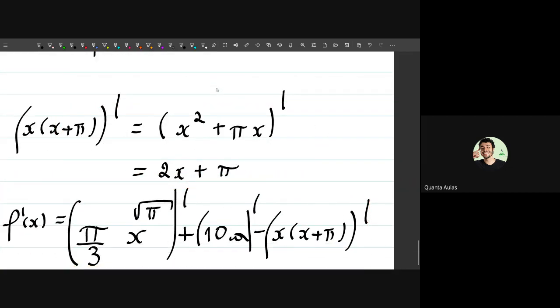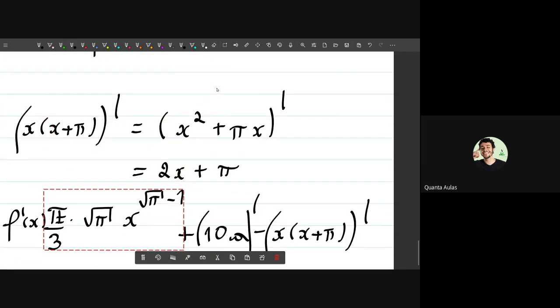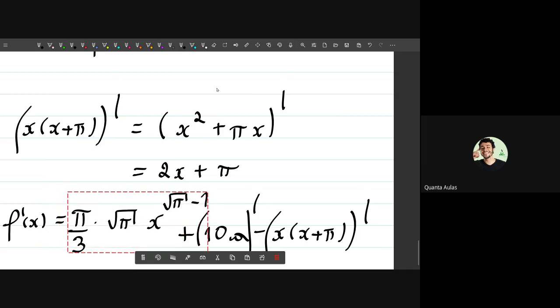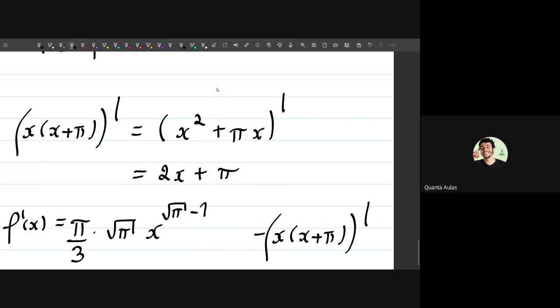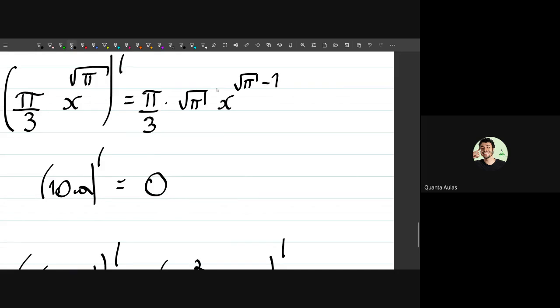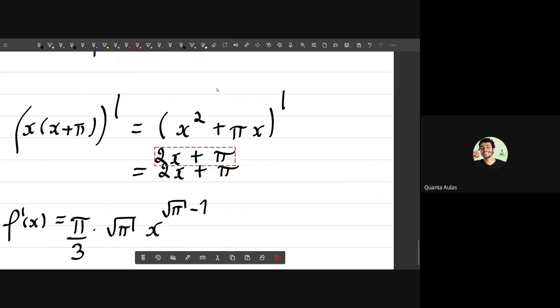So I will erase this and copy this. I don't have space to put here, but no problem. I will erase this because this is 0. The derivative is 0, so we have space now. And the derivative of this term is the last one. This.